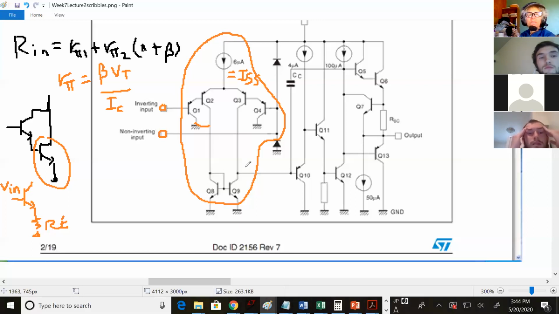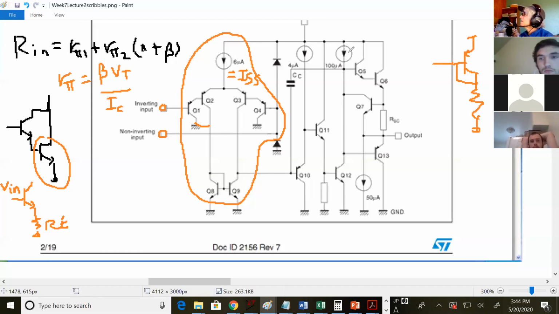Okay. I'm going to go down here. Are Q1, 2, 3, 4 and the current source okay? Now, let's say you had some biasing circuitry over here, and you were using it in all three of these current sources.